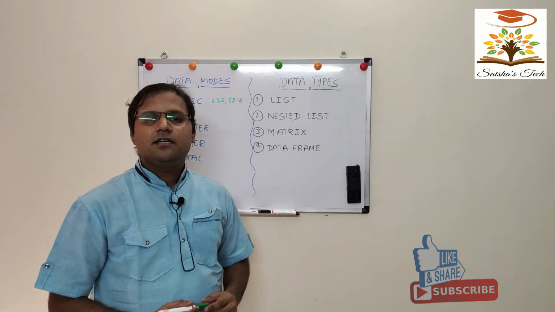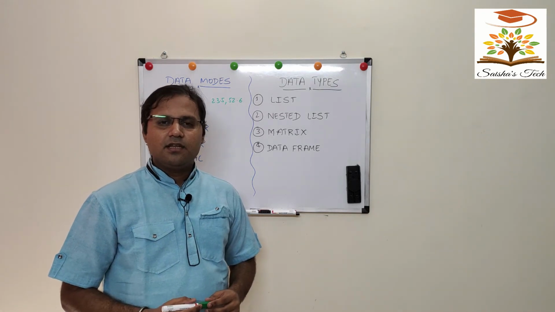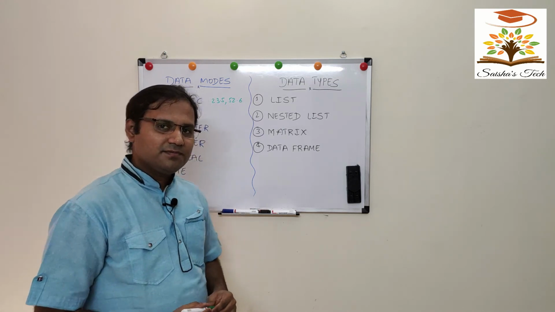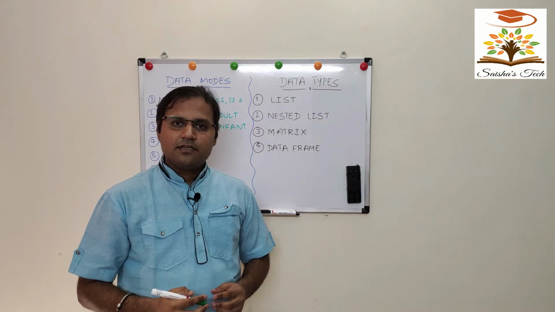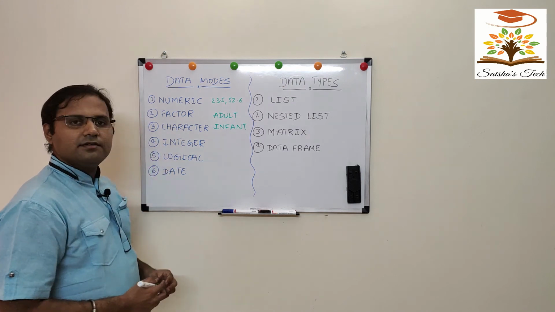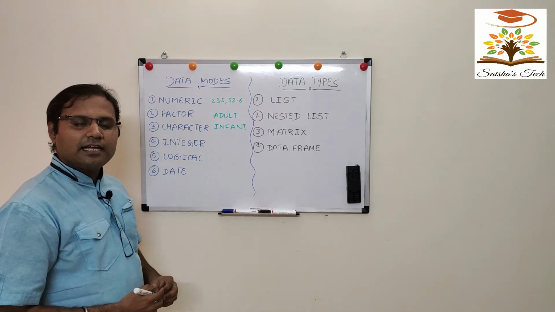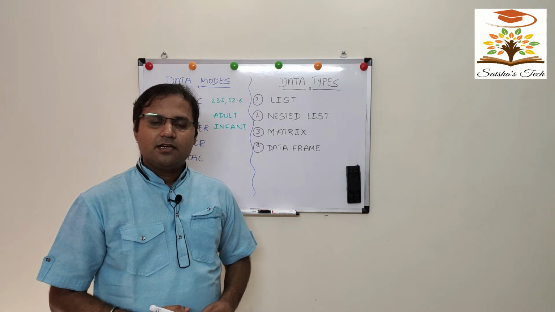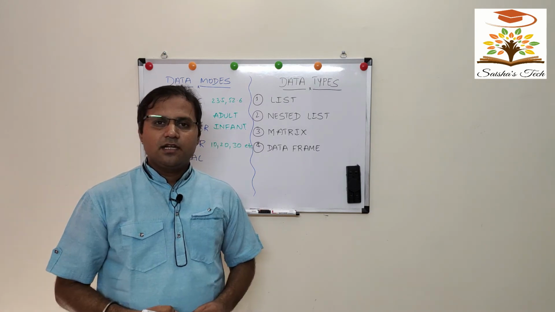The next data mode is factor. Factor contains different levels. Example: different age groups of life, adult, infant, etc. Each level in a factor is a character. Similarly, integer. Integer can store whole numbers like 10, 20, 30, etc. Logical.